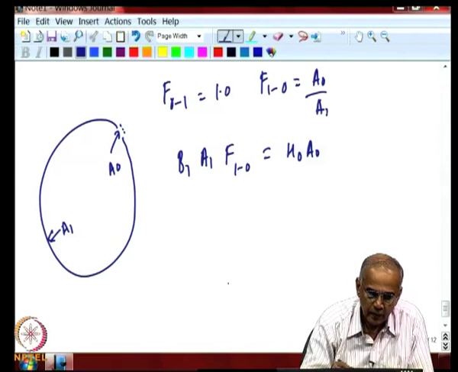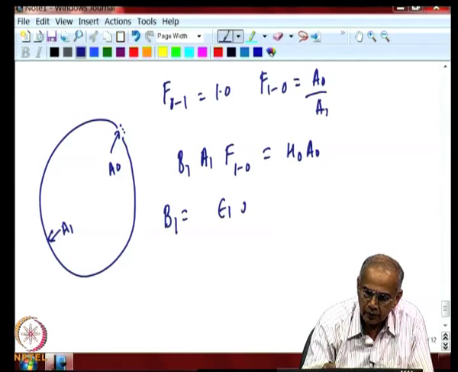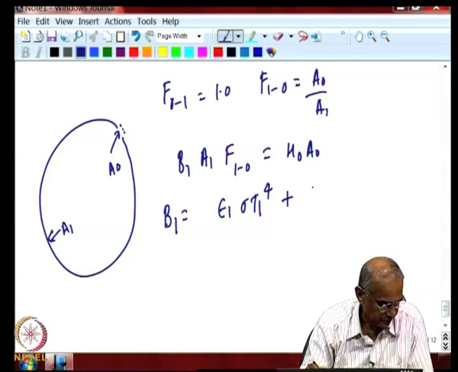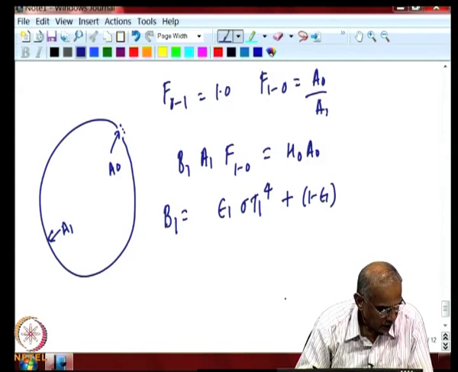Okay. But you also know that radiosity 1 is nothing but emission plus reflection, and the reflection is of radiation that is emitted by 1.